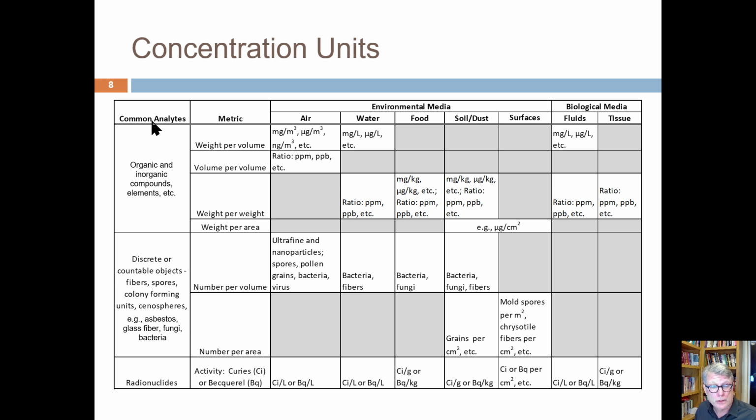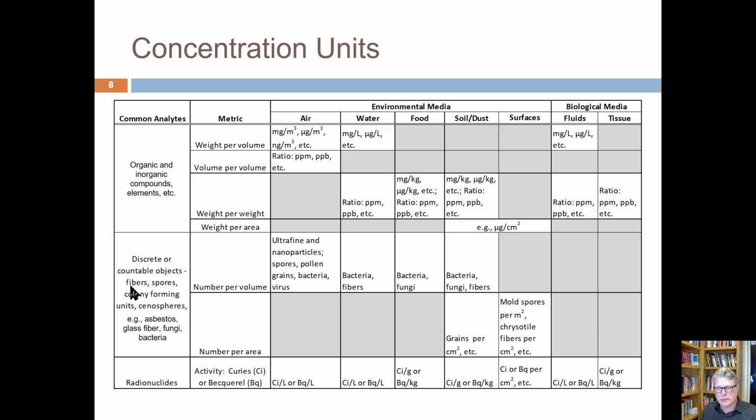Starting in the left column, we have some common analytes like organic and inorganic chemicals and elements. And in the row below that, we have other types of stressors, like ones that aren't really measured in terms of mass, but more by quantity, like they're countable.